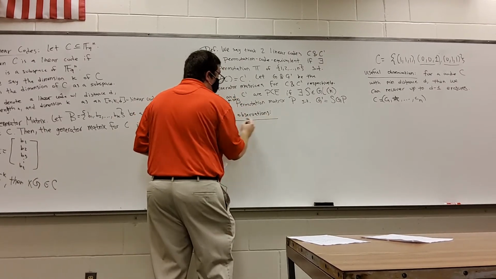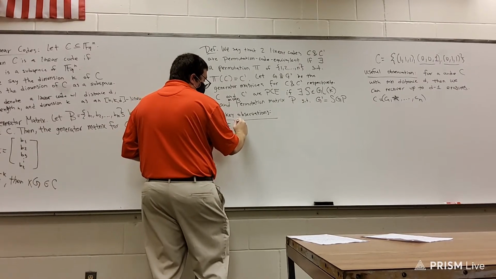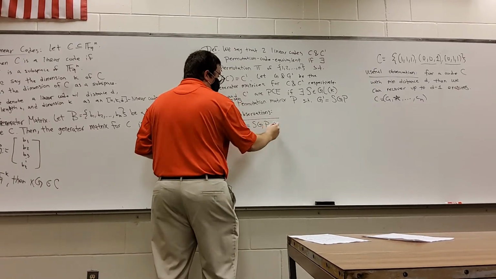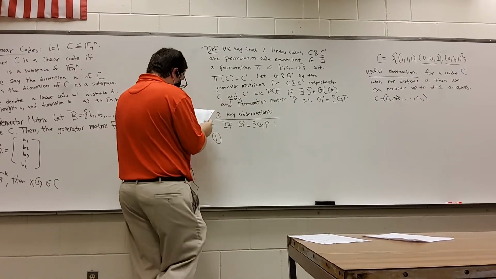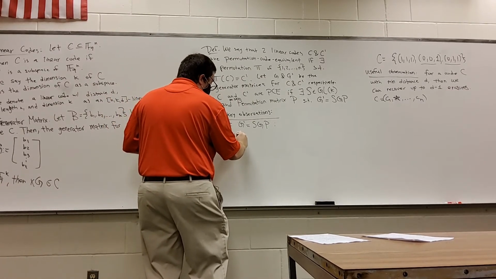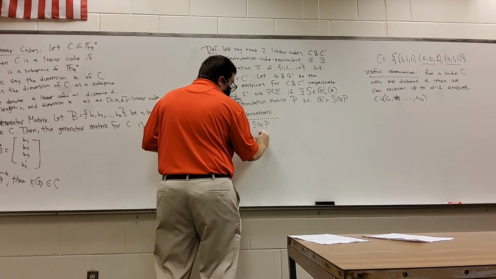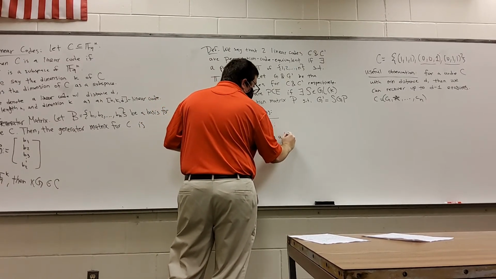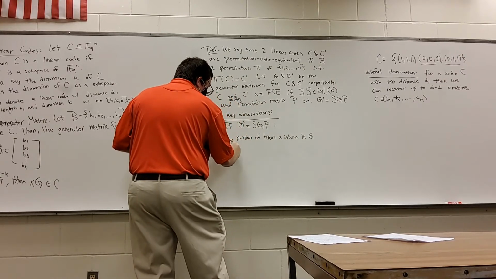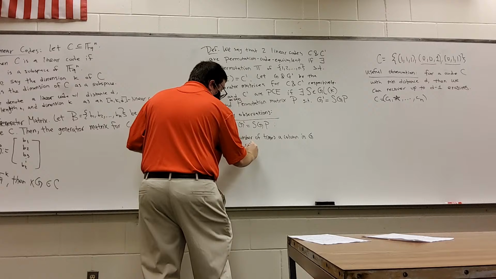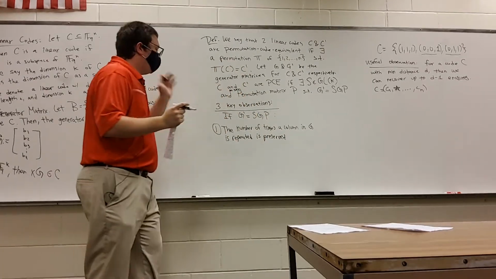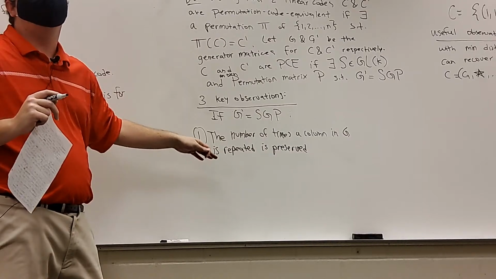The first: if G prime is equal to S G P, then the number of times a column is repeated is preserved.